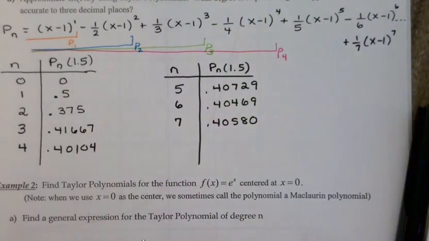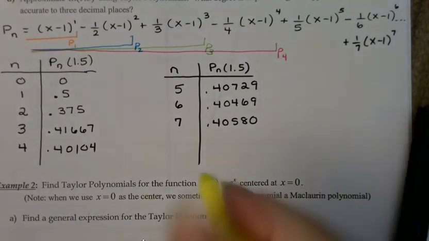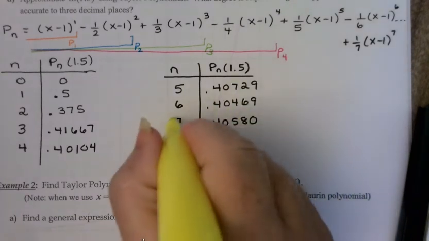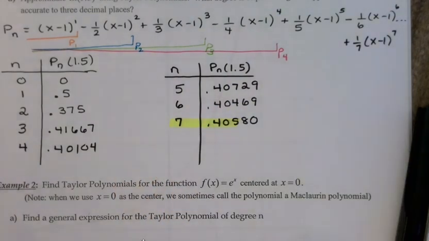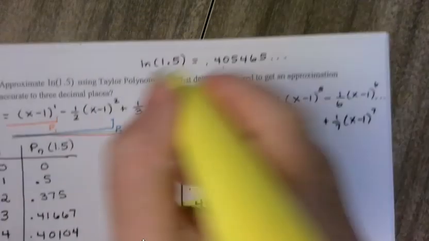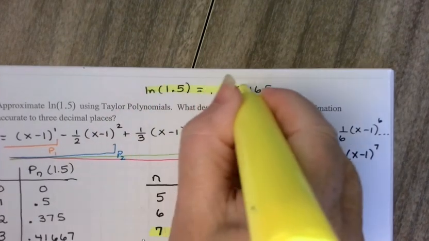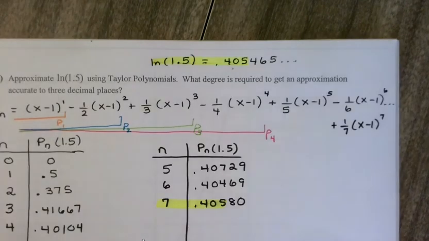Now if I rounded, of course it would round up, but all I asked for was accuracy in the first 3 decimal places, and we now have it. So we would have to go out to the 7th degree in order to get 3 decimal places worth of accuracy.